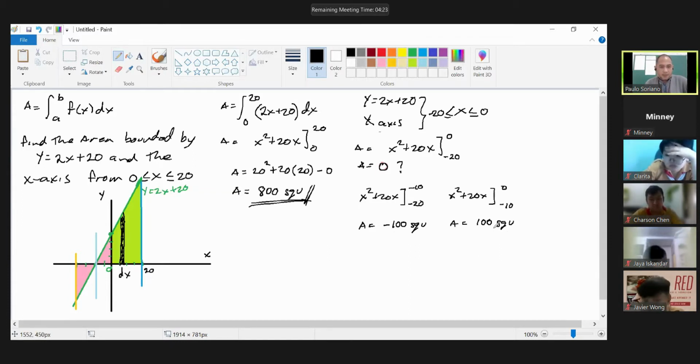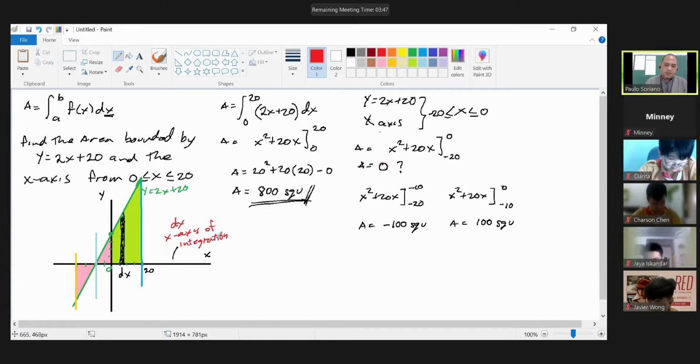When you are using integration to find area, the direction where the area is located affects the value of the area that you are getting. We are using dx. That means we are using the x-axis as our divider, so we call this the axis of integration.